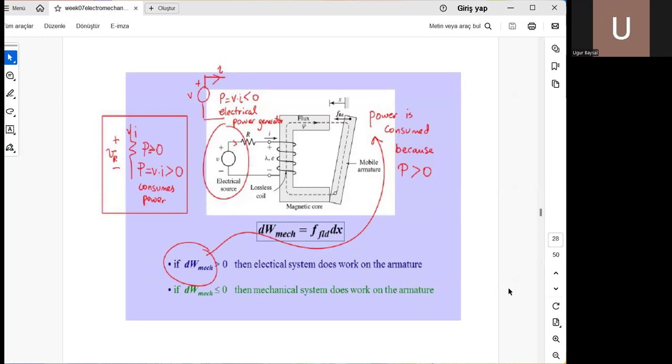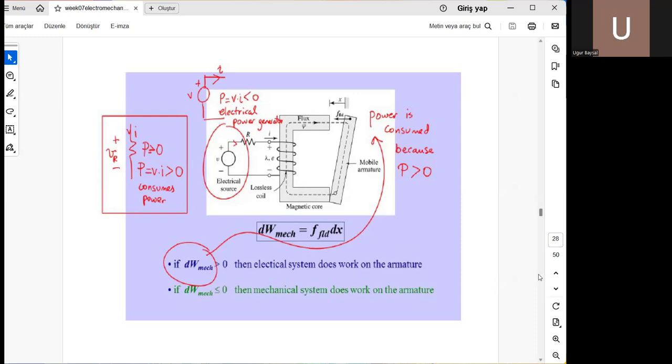The convention: if that has a positive sign, the power is delivered to the load. If it's negative, the power is generated. But the magnitude does not change.